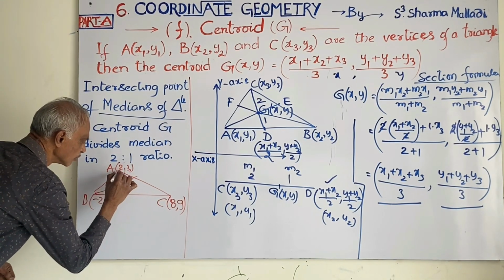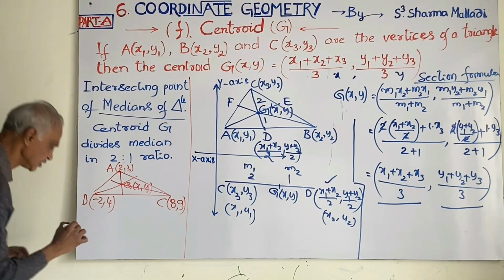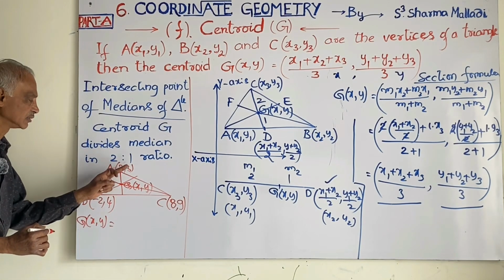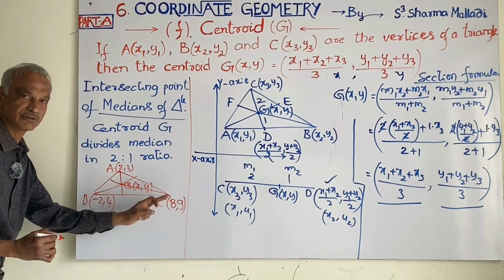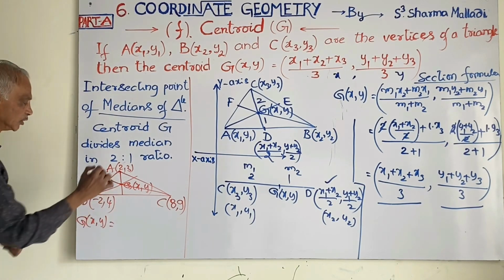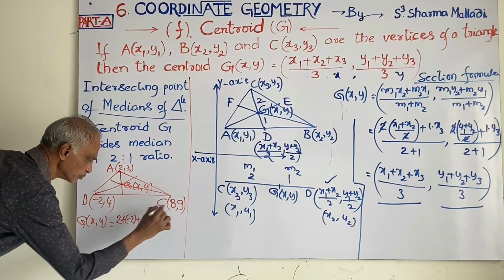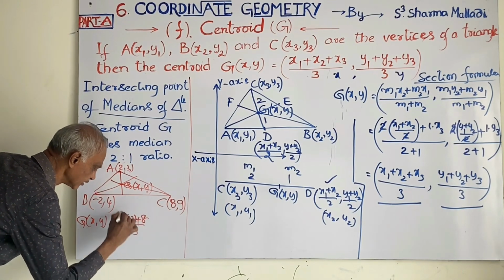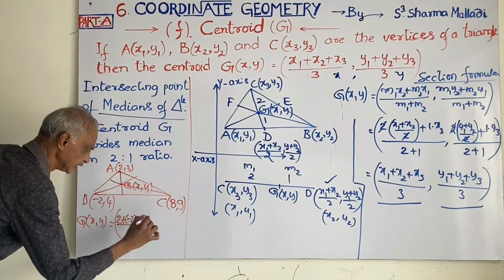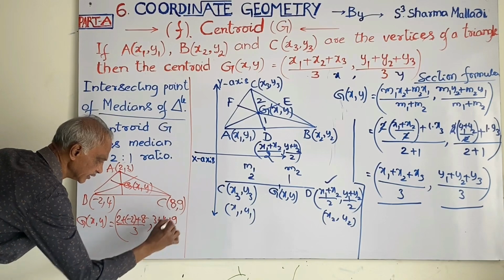Centroid G (x, y) is equal to, this is x1 y1, this is x2 y2, this will be x3 y3. (x1 plus x2 plus x3) by 3. 2 plus minus 2 plus 8 by 3 and (y1 plus y2 plus y3) by 3. 3 plus 4 plus 9 by 3.